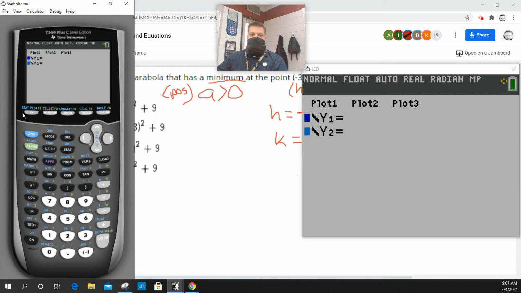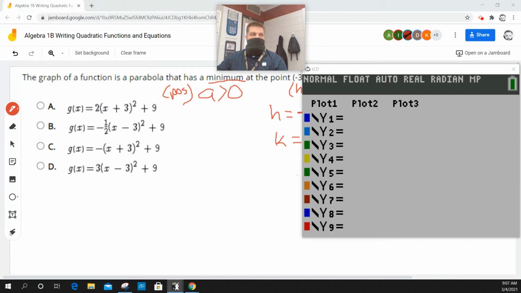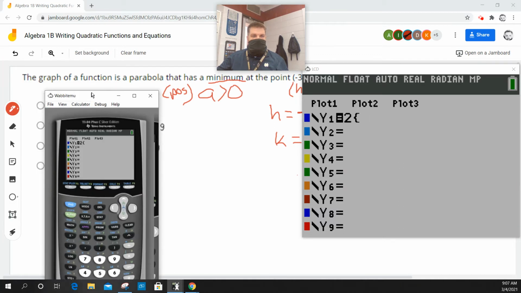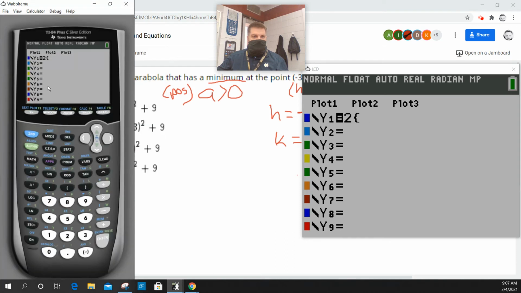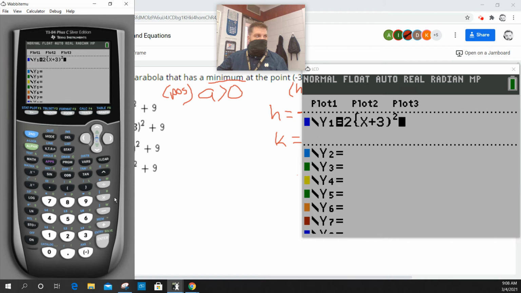Then I'm going to go to y equals. And in my y equals, let's just graph all 4 because it's easy enough to do. So I'm going to say 2 parentheses x plus 3, close the parentheses, squared, plus 9.